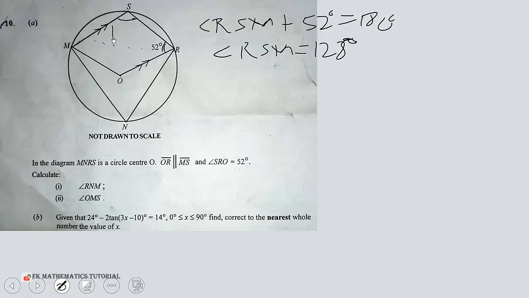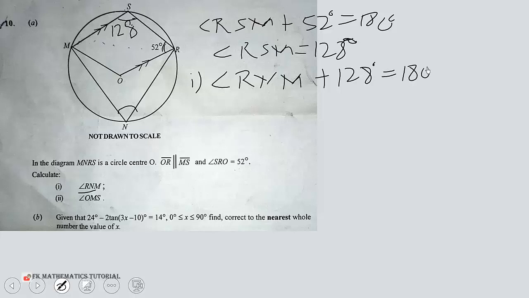Now, if this is 128, then we can find this angle, because in cyclic quadrilaterals the opposite angles add up to 180. So angle RNM, what we are asked to find, plus angle RSM, which is 128 degrees, should be equal to 180 degrees.